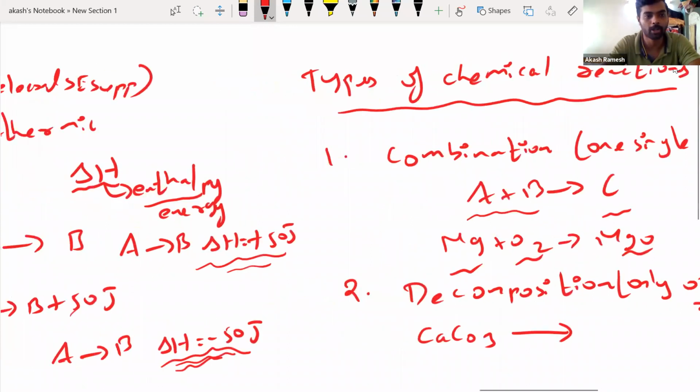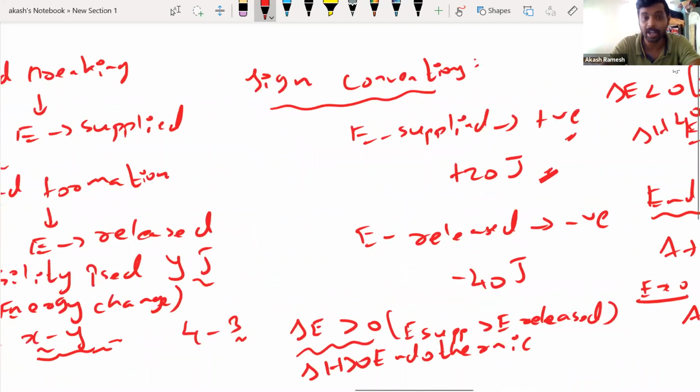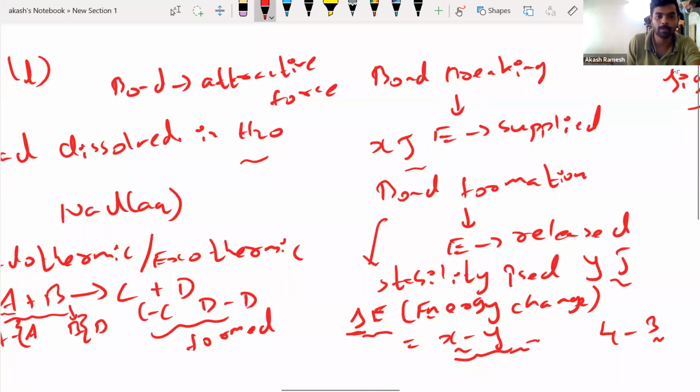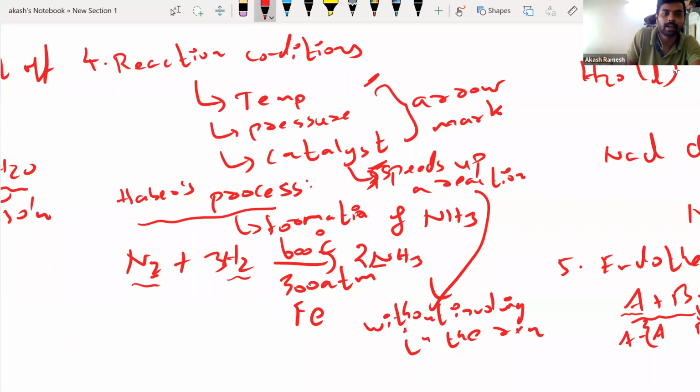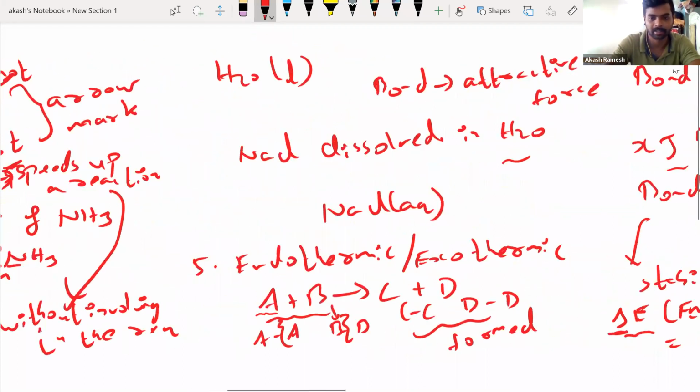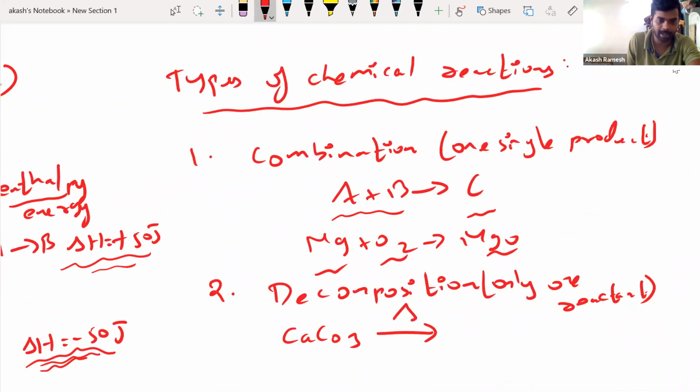One more thing I forgot to tell you about reaction conditions, guys. You can also include whether you're heating it or not. How do you represent it? That I'll tell you now. I will represent it by putting a triangle symbol.